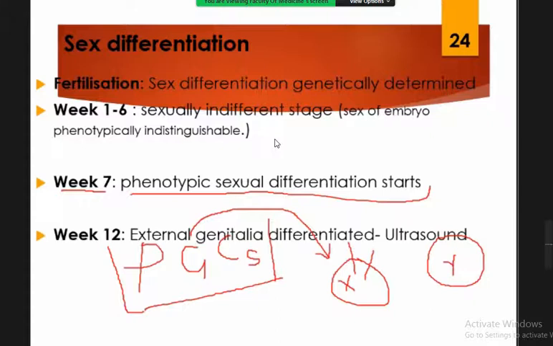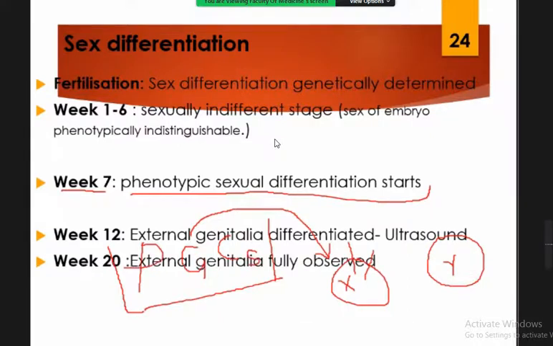So at week 12, external genitalia is forming. And so using external genitalia, you can be able to tell whether an embryo is male or female.